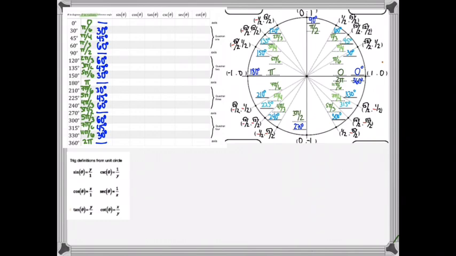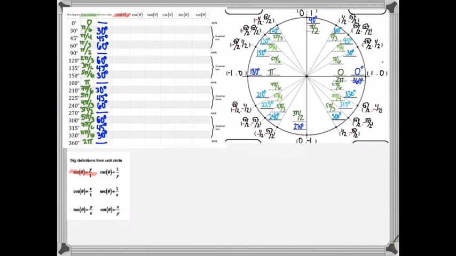And what we're going to do now is start tackling the sine, cosine, and tangent, and then the reciprocals. So let's concentrate on sine right now. So here's the sine column, and sine's definition that we learned from the last video is that it's going to be y over 1.